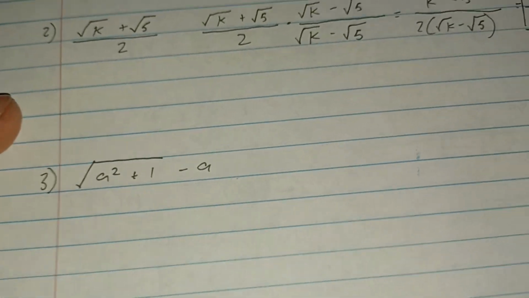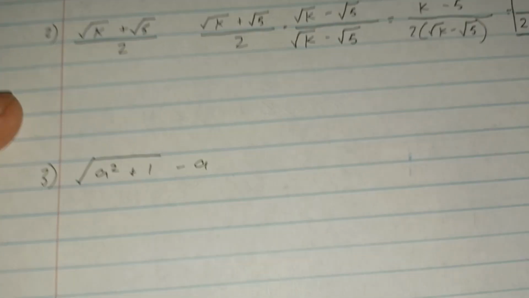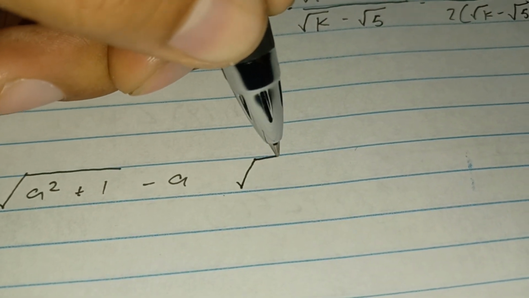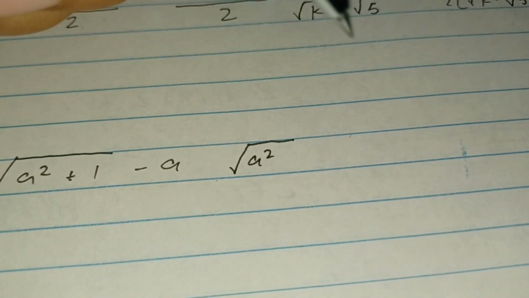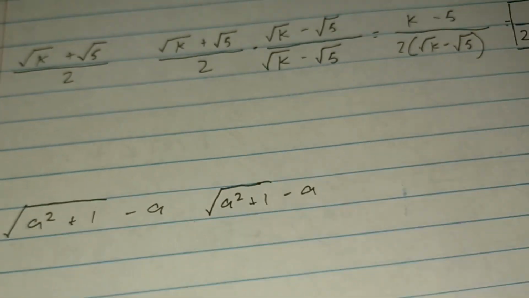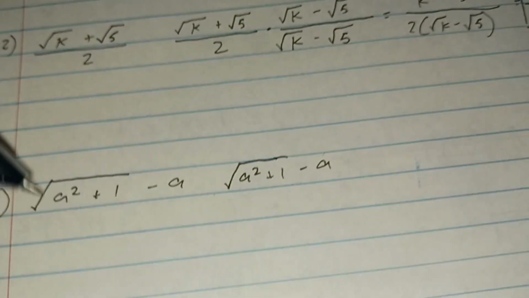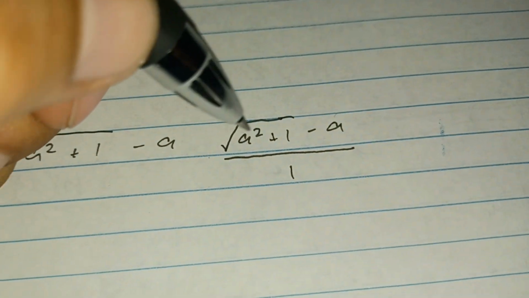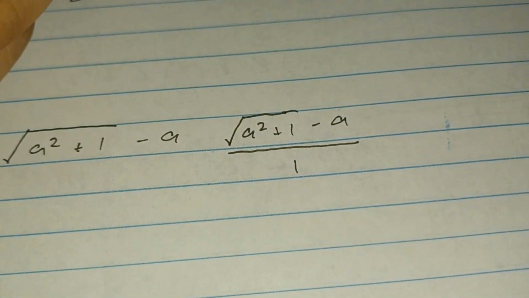Let's go ahead and do the last one, number 3. The square root of a squared plus 1 minus a. Let's go ahead and rewrite this as the square root of a squared plus 1 minus a. Since we want to rationalize the numerator, this is a numerator, so we need to have a denominator, which is basically equal to the square root of a squared plus 1 minus a over 1.